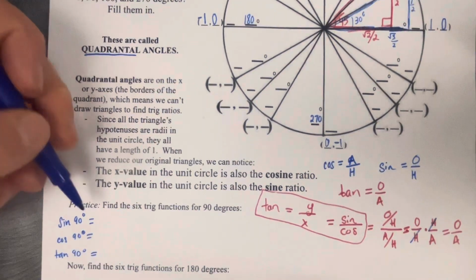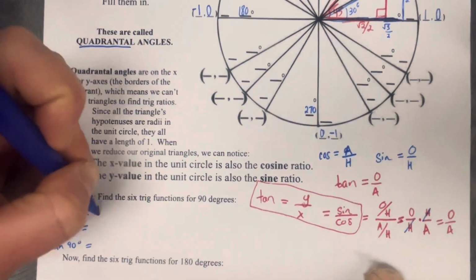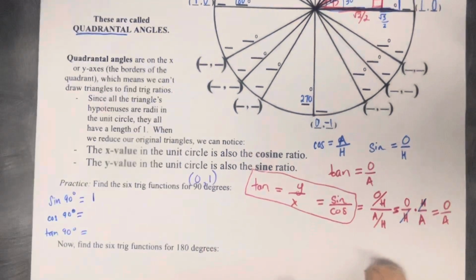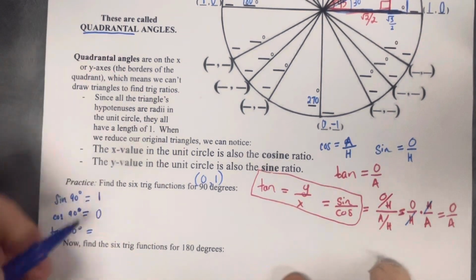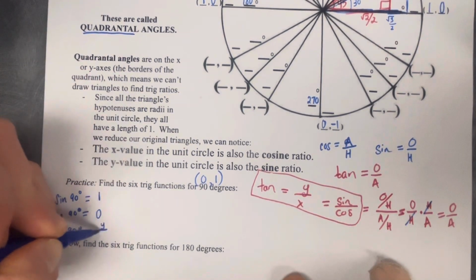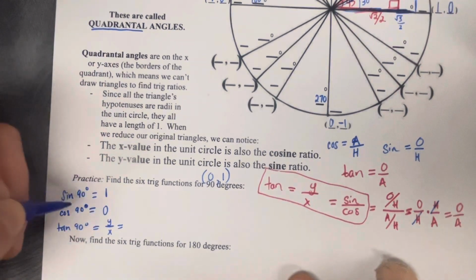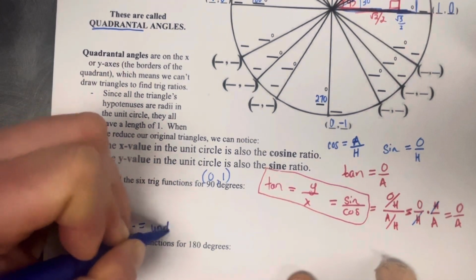Sine of 90 would be our y value, so it's just 1, because our point is (0, 1). The cosine of 90 would be our x value, that's 0. And the tangent would be y over x, or sine over cosine, which would be 1 over 0. So that is undefined. We cannot divide by 0.